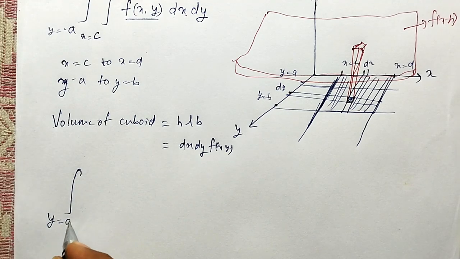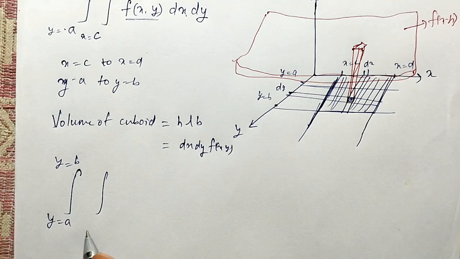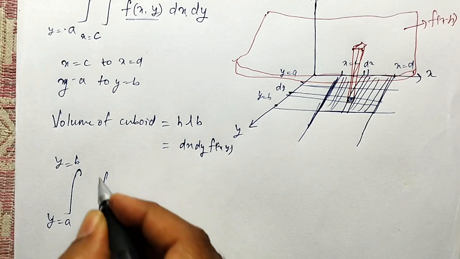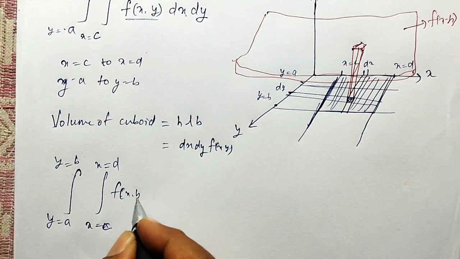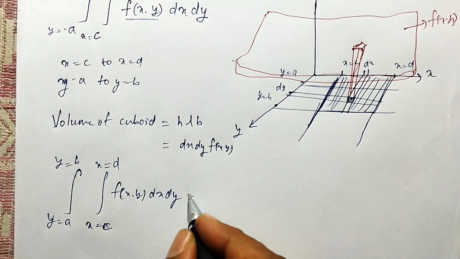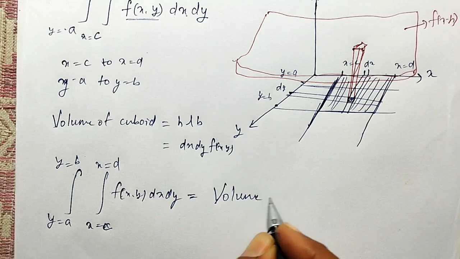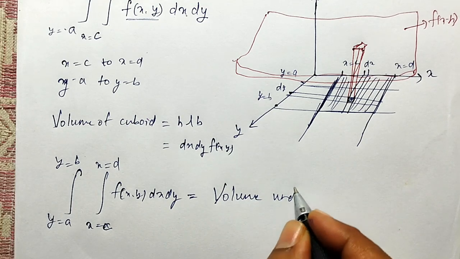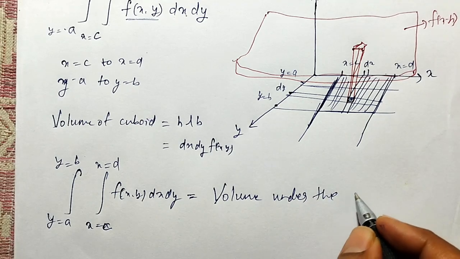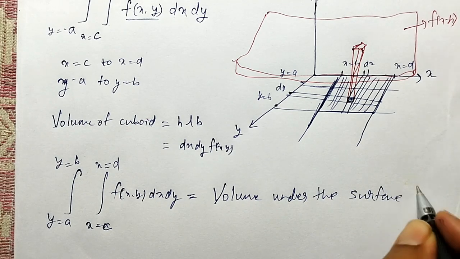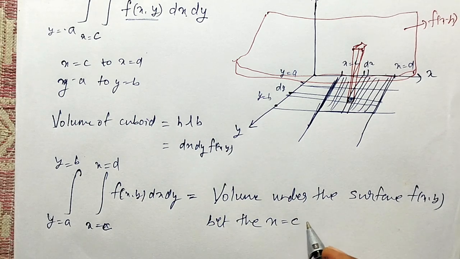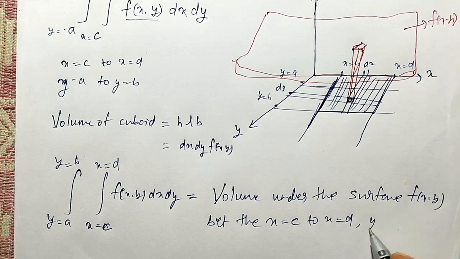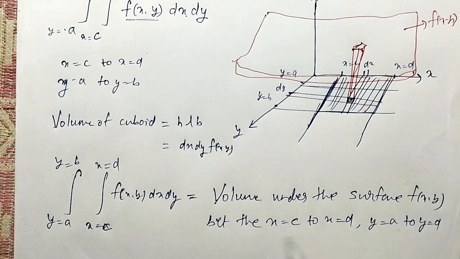Integration from y equal to a to y equal to b, and integration from x equal to c to d, of f of xy dx dy, is giving you the volume under the surface f of xy between x equal to c to x equal to d and y equal to a to y equal to b on the xy plane.